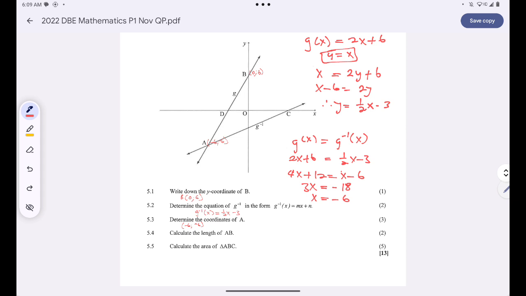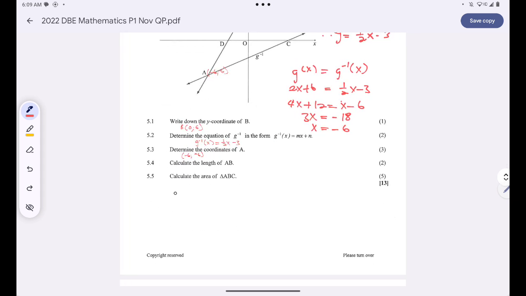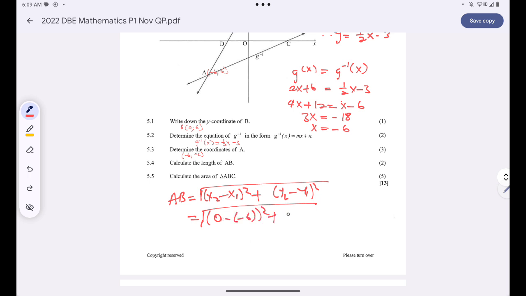Now I'm supposed to determine the length of AB. How can I do that? AB: x2 minus x1 all squared plus y2 minus y1 all squared. I'll simply say 0 minus a negative 6 all squared plus 6 minus a negative 6 all squared.